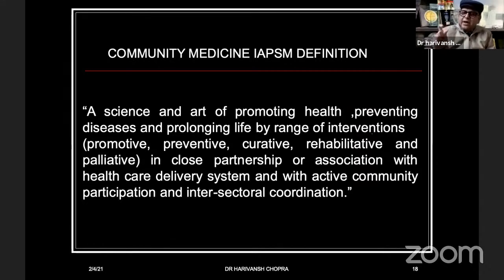Only if you are able to convert the health need into the felt need will that particular intervention be accepted by the community, because then they feel that it is their need and they will be applying that intervention.